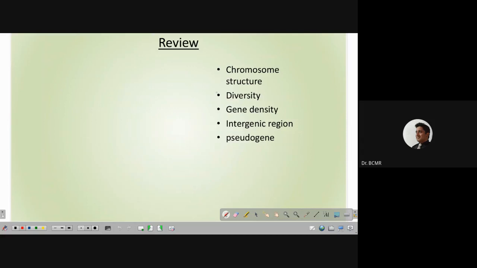We will study true chromosome structure in the later classes in terms of centromeres and so on. But otherwise, I think you have seen the diversity of it. What we have seen is they can be linear or circular, mostly circular in prokaryotes and linear in eukaryotes.